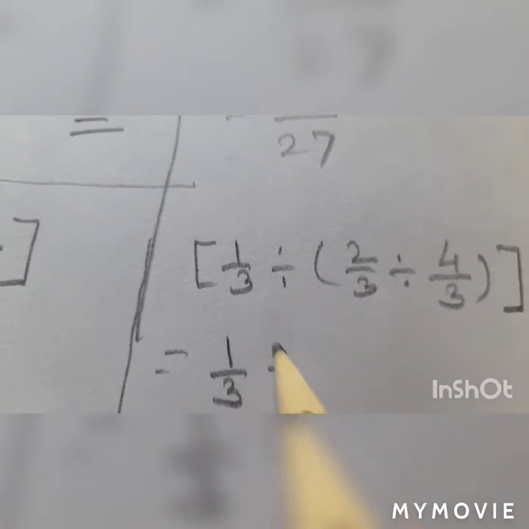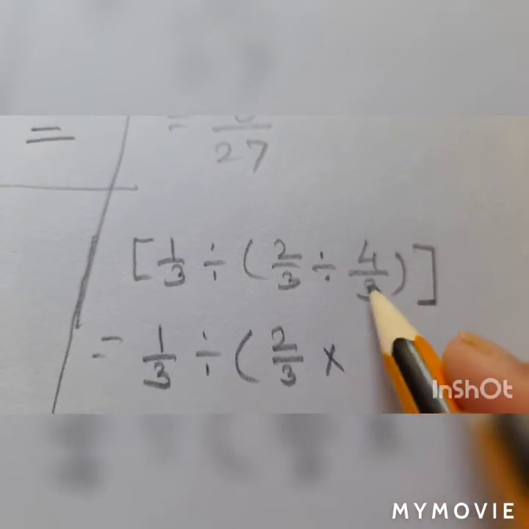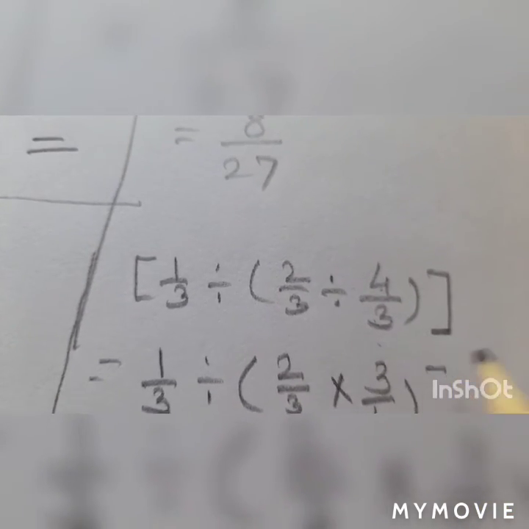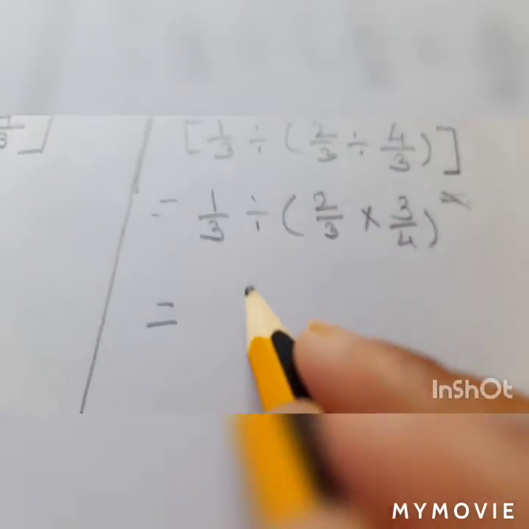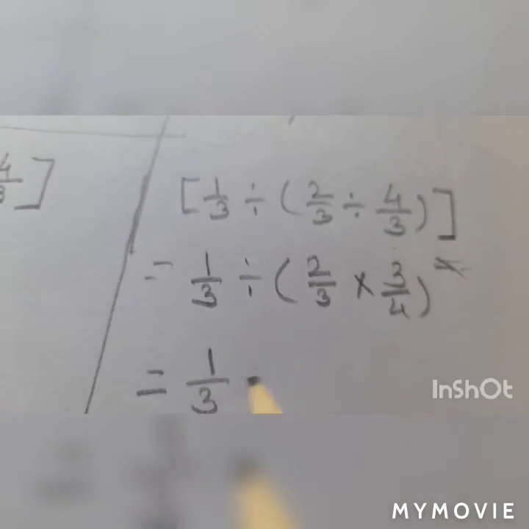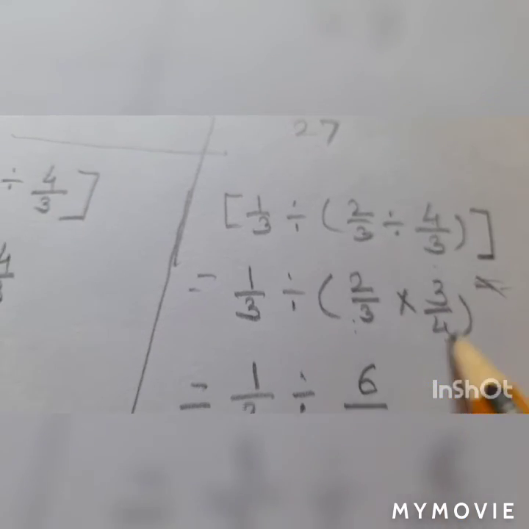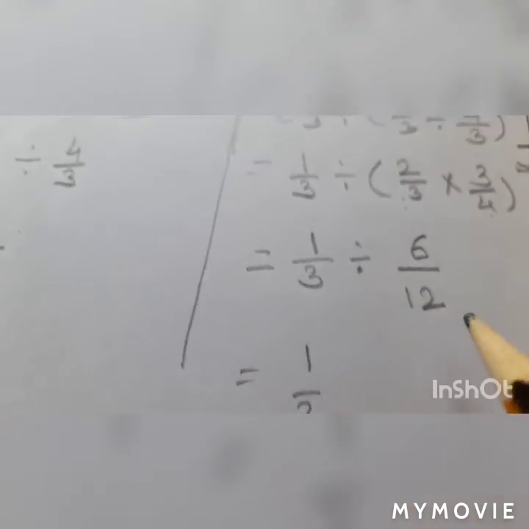1 upon 3 as it is divided by 2 upon 3 multiply by 3 upon 4, is equal to 1 upon 3 divided by 2 into 3, 6, 3 into 4, 12, is equal to 1 upon 3 as it is multiply by 12 upon 6.